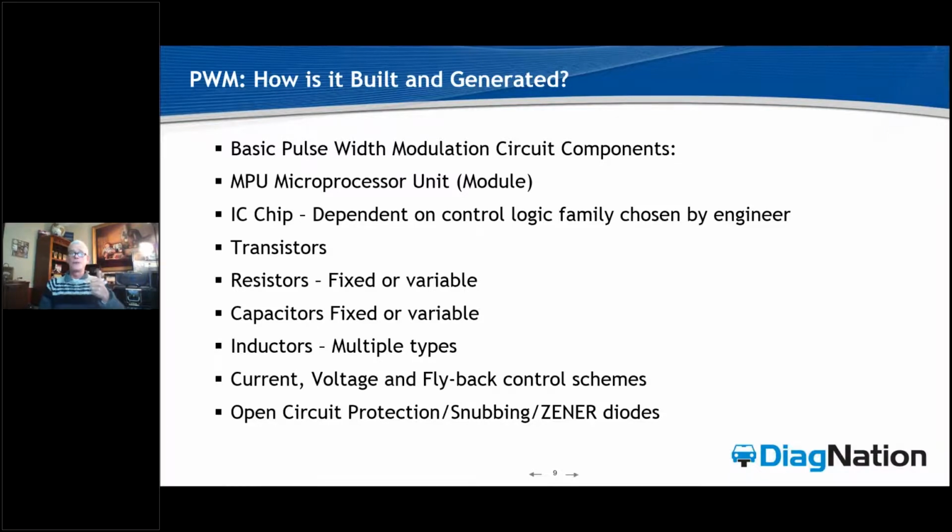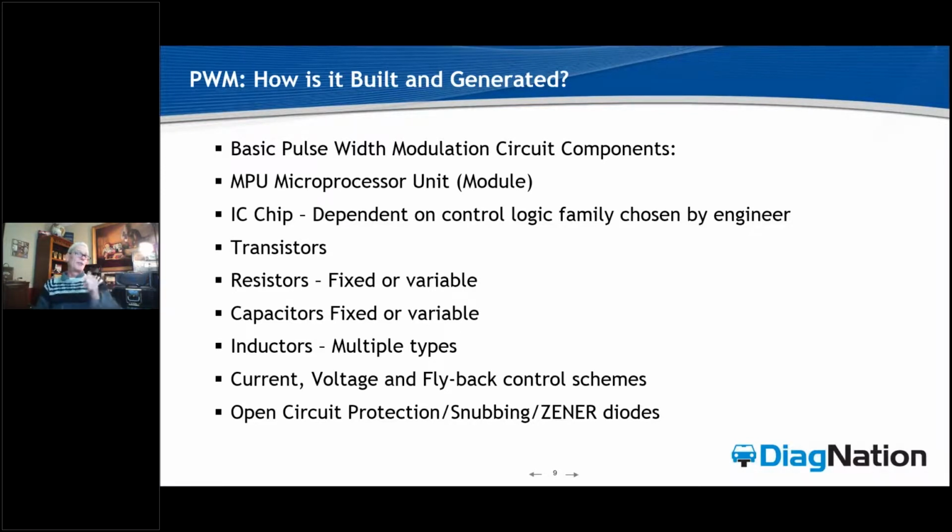Obviously, we've got a microprocessor, we've got a chip. That chip is very important, and I've got a graphic here in a few more slides where we're going to construct an oscillating pulse width modulating circuit so that our brains can get our head around what we're physically measuring with the scope on that car.